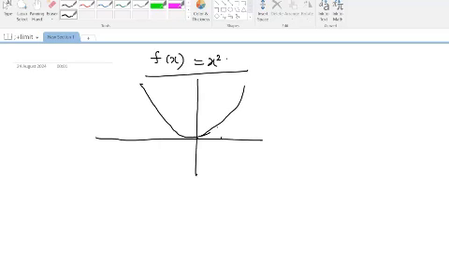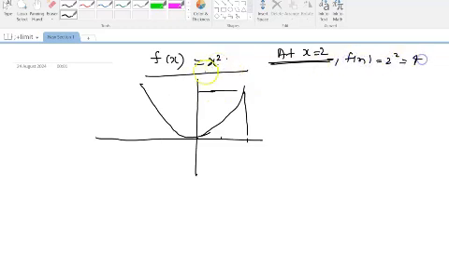We can find it at any point. Let's find it at x is equal to 2. So when x is 2, means this point, what would be the value of this function? When x is 2, your f(x) will be 2 square or 4.